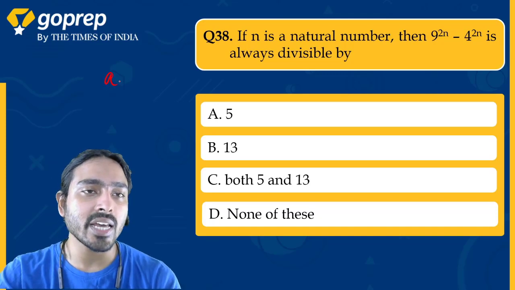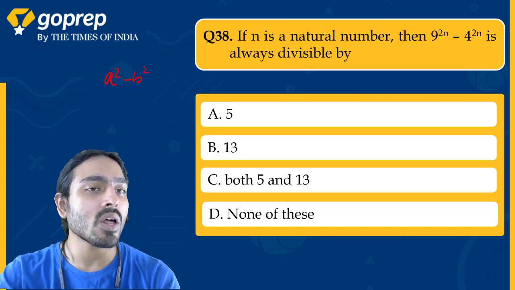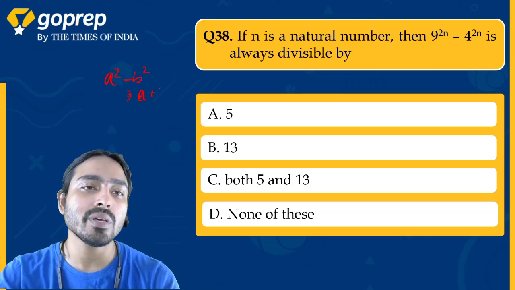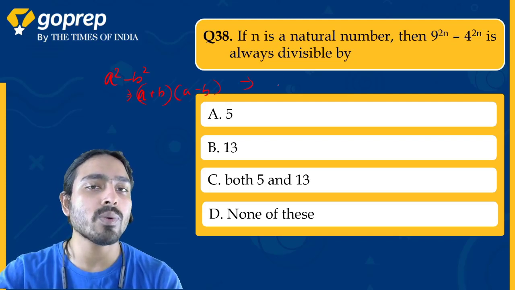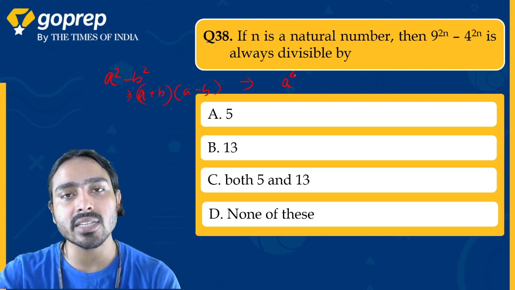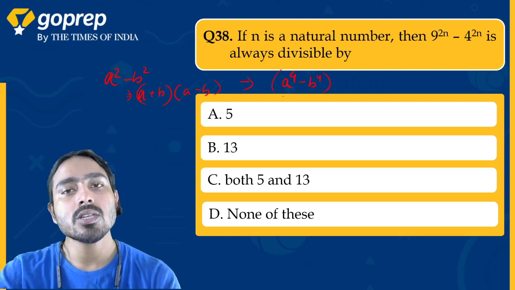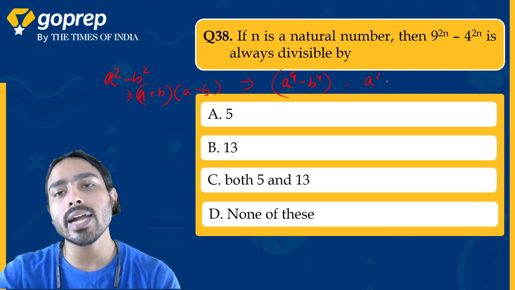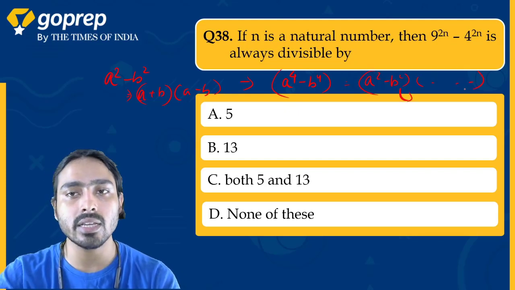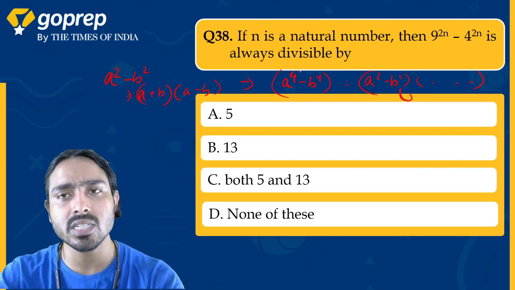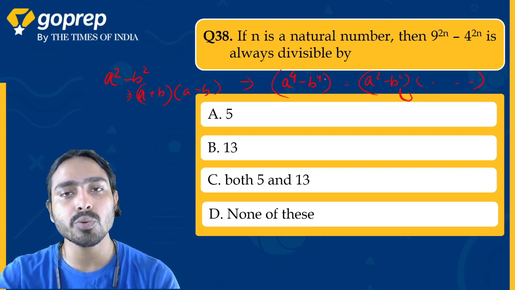You need to understand that a square minus b square will always have a plus b and a minus b as factors. And no matter how much we increase the power, a4 minus b4, you again know what this is. You will get a square minus b square as a term in it, right? The rest can be anything which has the same powers of 2 here.